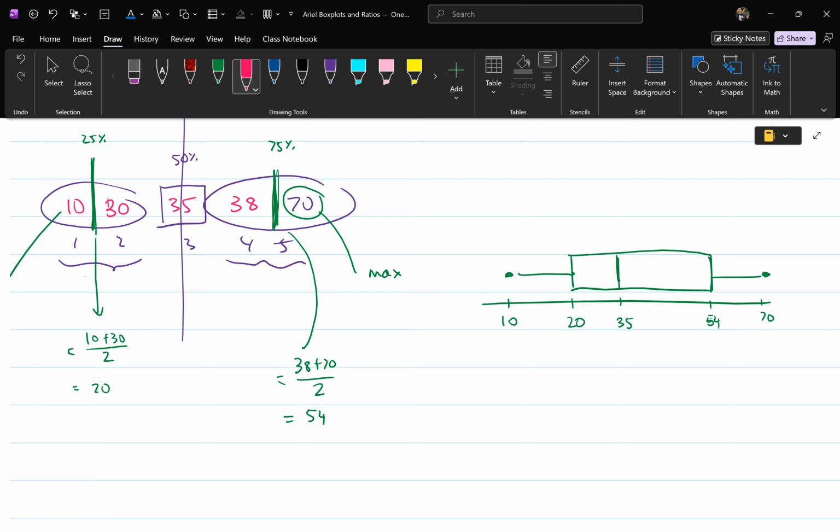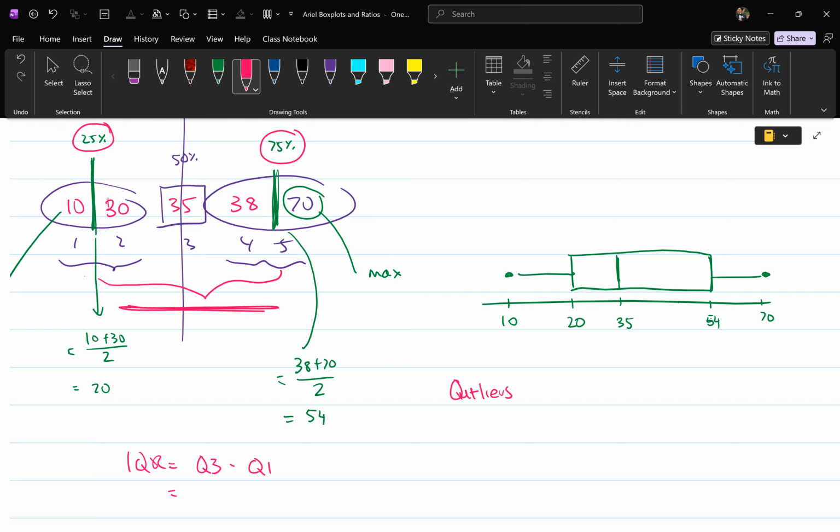Okay, so now that I've got my box plot, before you finish, you've got to check if there are any outliers. Usually the questions will get you to find outliers. To find outliers, you need the IQR. Now the IQR is Q3 minus Q1. So you want to look at the distance between the person who scored 25% and the person who got 75%.